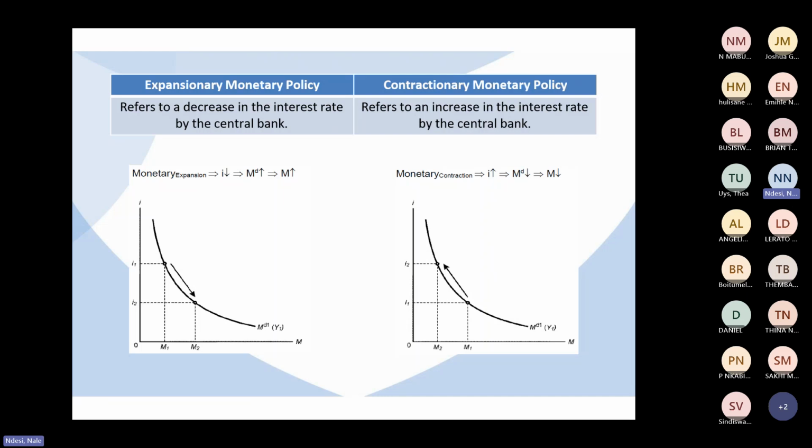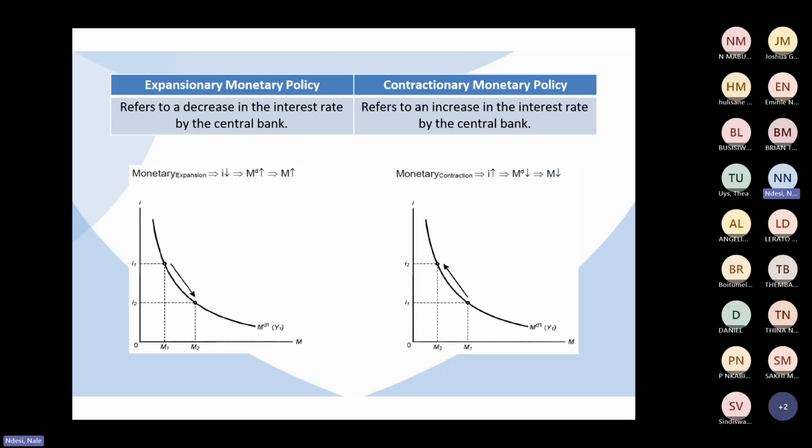So we've explained the expansionary and contractionary monetary policy in terms of words and chain of events. Now let's show that in the graph. It's very important for you guys to take note of this and make sure that you understand. When you're answering questions like this with graphs, at least try to label your graphs correctly.